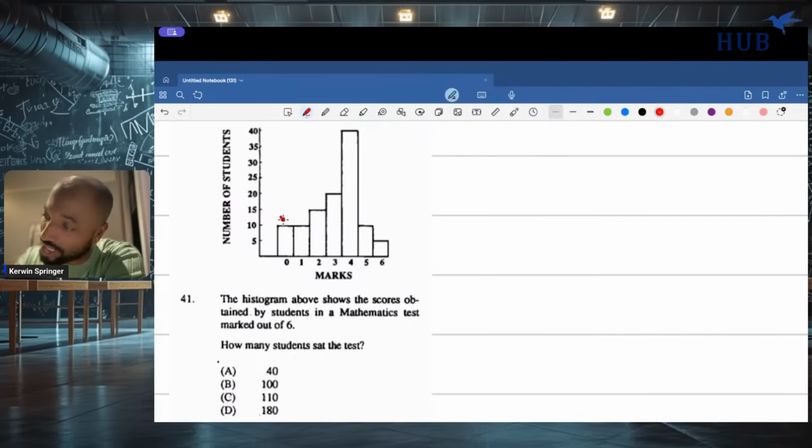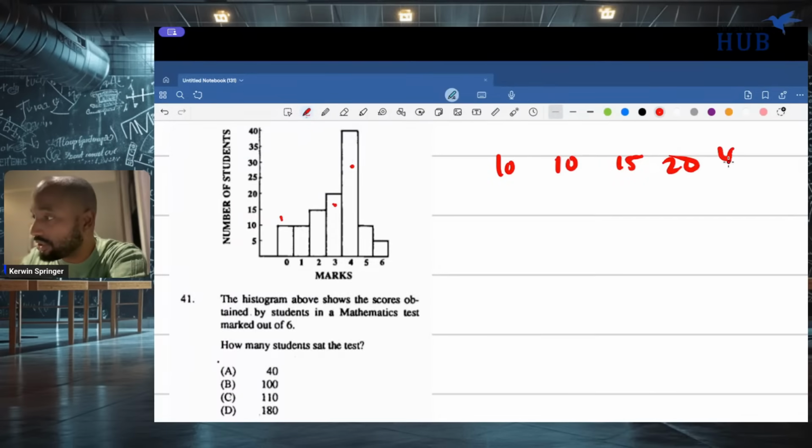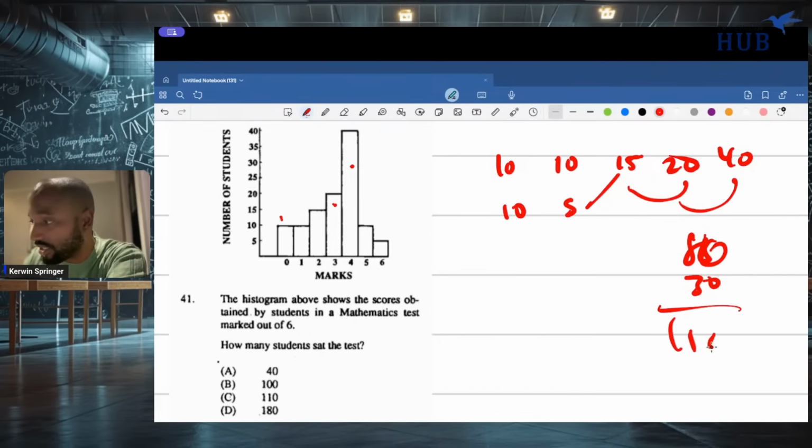Real plenty. 10, 10, 15, 20, 40, and 10 again, and 5. So 20, 20, 40, and 40 is 80, and 30 is 110. 110 students sat this exam.